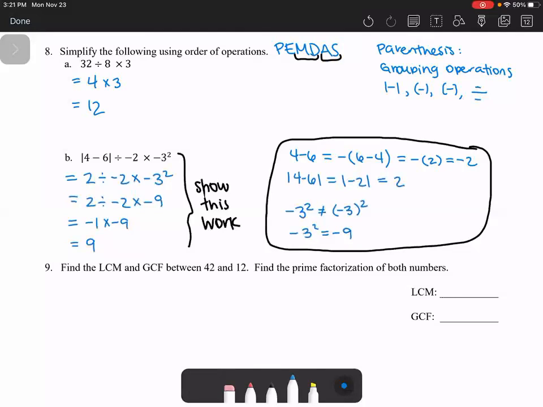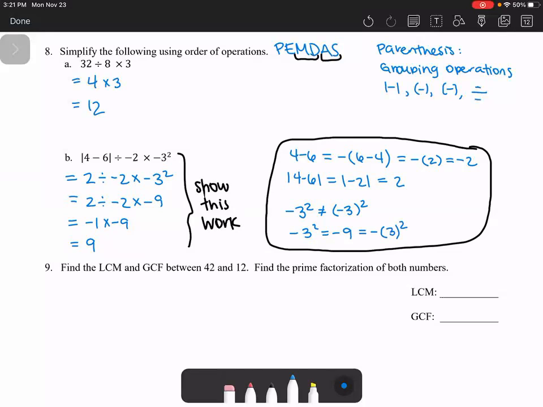Correct. So if you just had something like negative 3 squared, you would still only square the 3. But if the negative is in the parentheses, then it's positive 9. Yes. Okay. All right. Thank you.